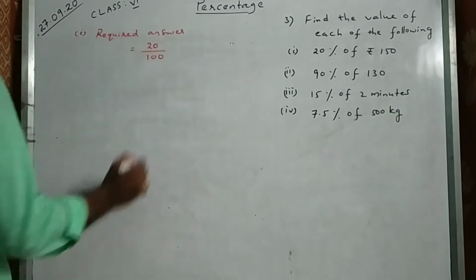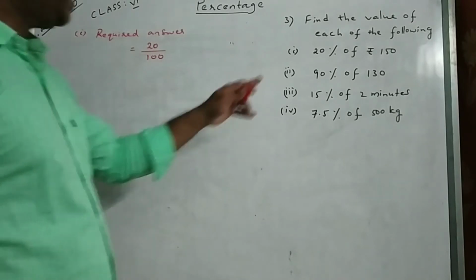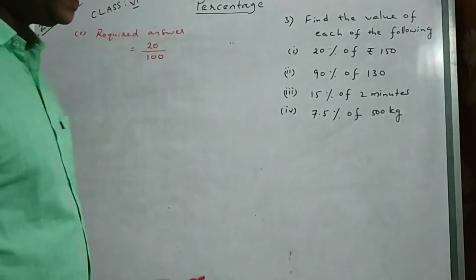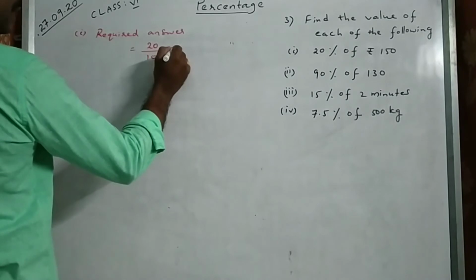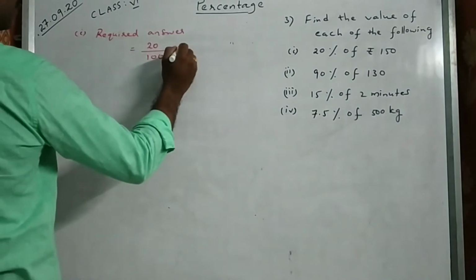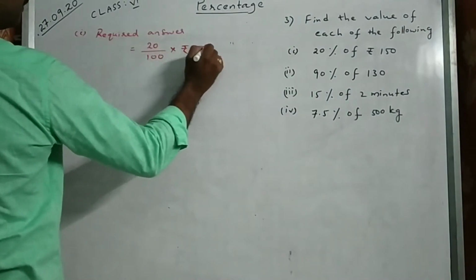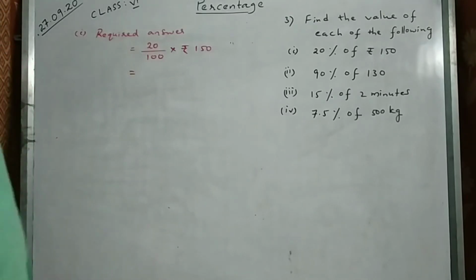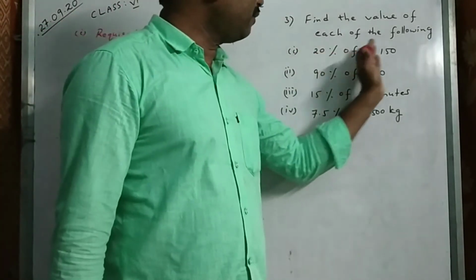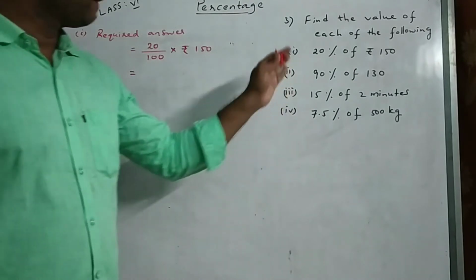Per 100. Is that clear? 20% means per cent, by 100, into the product, rupees 150. Clear? Simple.